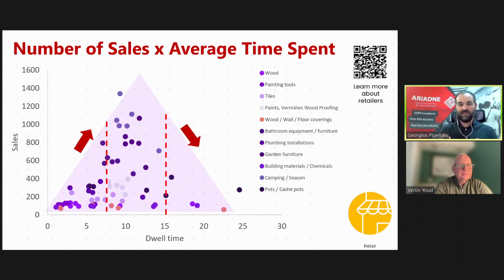So you can see by the 10th minute, let's say, that there is an increase in the likelihood for people to buy a product, but this doesn't go on forever. After a while, there is a drop in the likelihood of a sale.